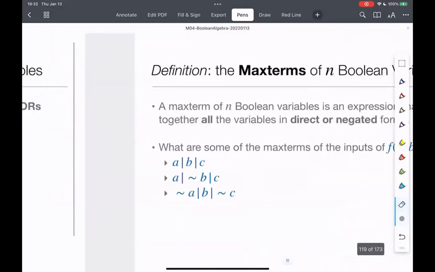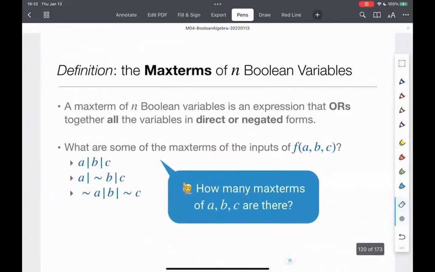Maxterms play a similar role, but they focus on when the output is 0, as we'll see. So A or B or C takes a value 0 only when A is 0 and B is 0 and C is 0. So this maxterm is really pointing to row number 0 uniquely, right?